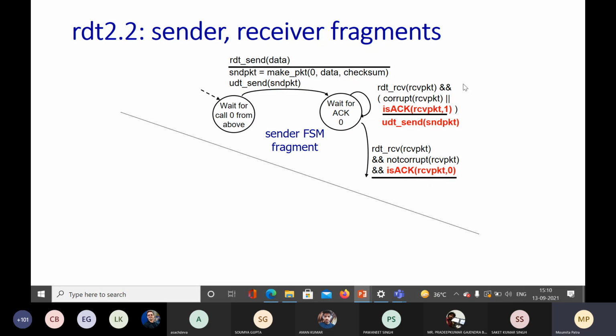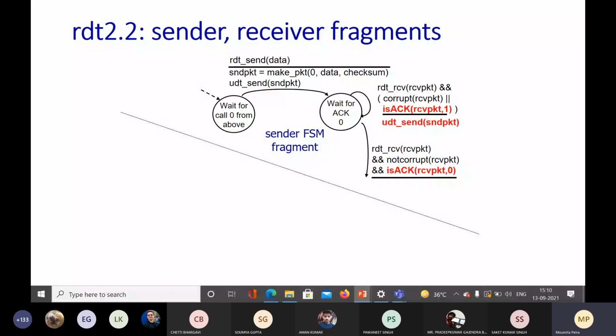Now the next part is, suppose there is some issue. Okay. So what is the issue? A packet has been received at the sender side. Either the packet is itself corrupted, or the packet that has been received has a different sequence number than what was expected by the sender side.